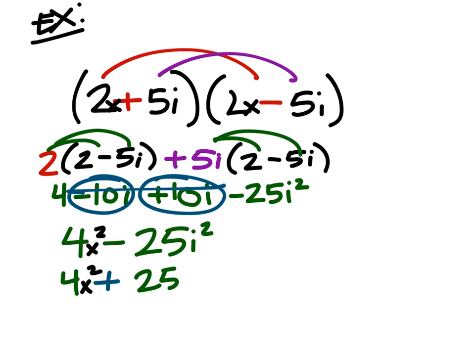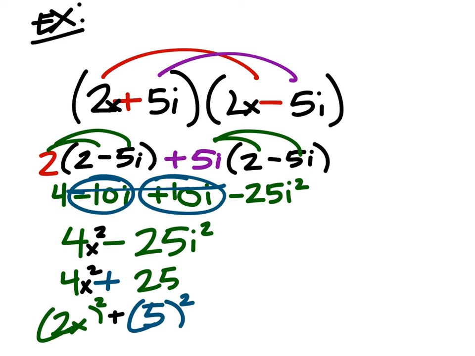But this shows us, we've seen the difference of squares. This is the sum of squares, because 4x squared is the same thing as 2x, but we squared it. And then 25 is the same thing as 5, but we squared it. And we added them instead of subtracted them, right?